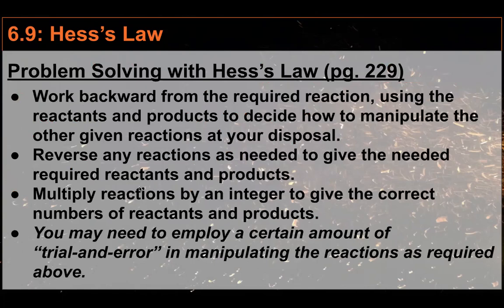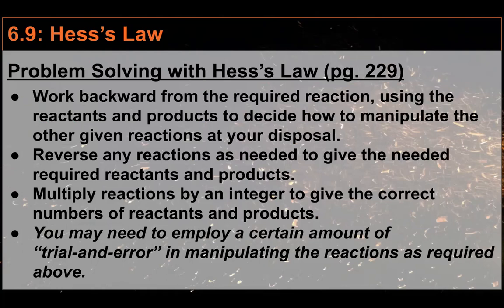All right, so our very last page here in this section involves just some tips for problem solving with Hess's law. So hopefully you're already doing this with the 2 practice problems, but what you want to do is work backward from the required reaction. Okay, so look at what the reactants and the products are and use that to determine how you need the steps oriented, like if you need to reverse them or not.